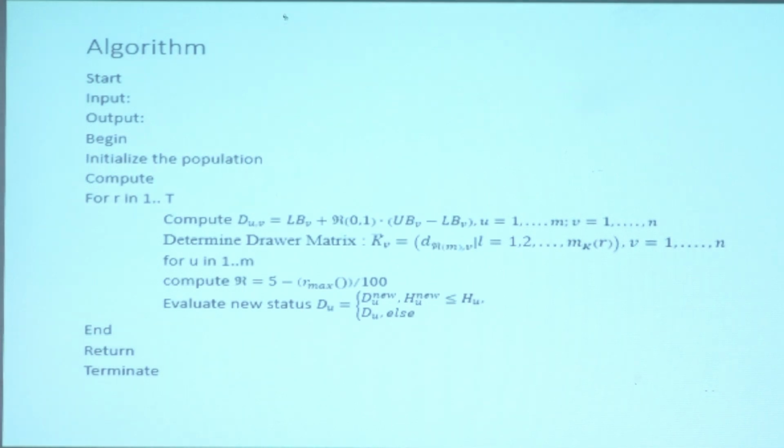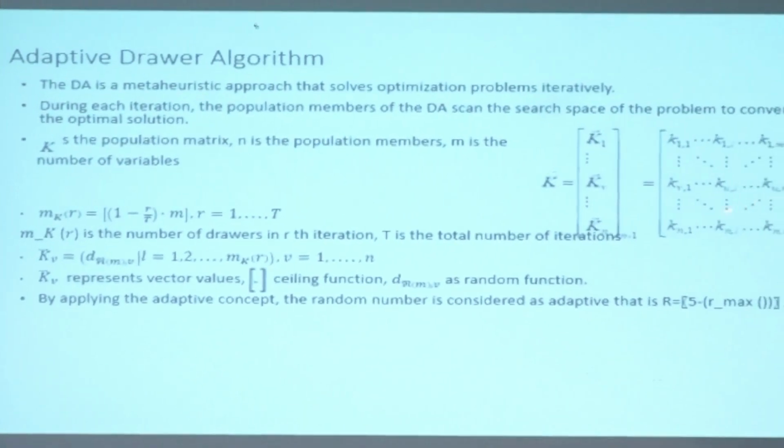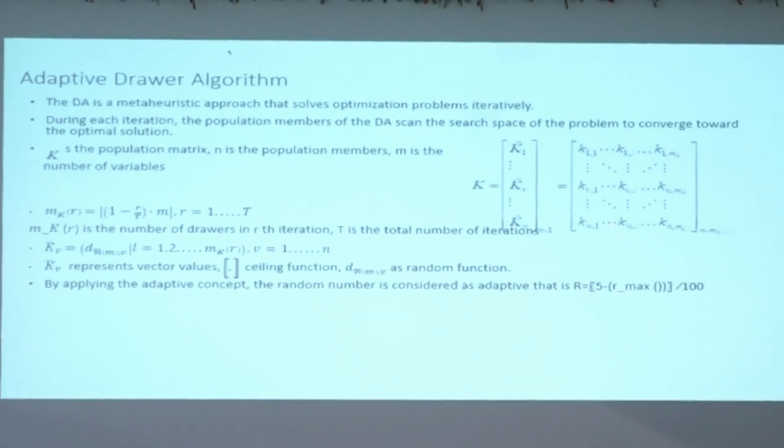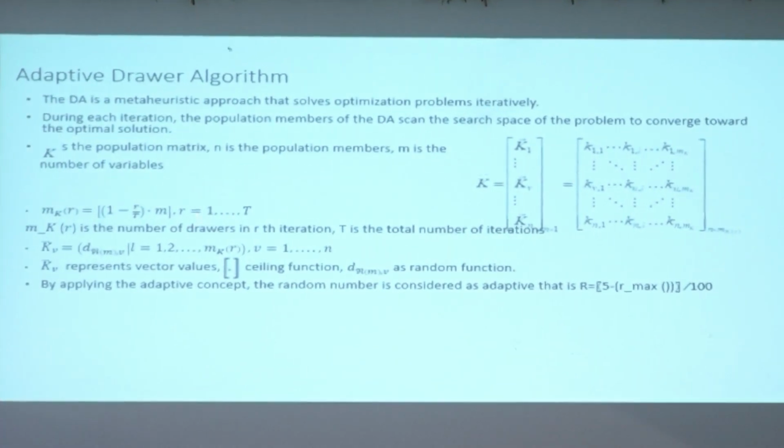In the drawer matrix, the adjacency of all the matrices is calculated, and again from there we take R and T. T is the total number of iterations, and R is the index of the iteration we are currently taking. We will calculate each and everything and update it in the matrices.